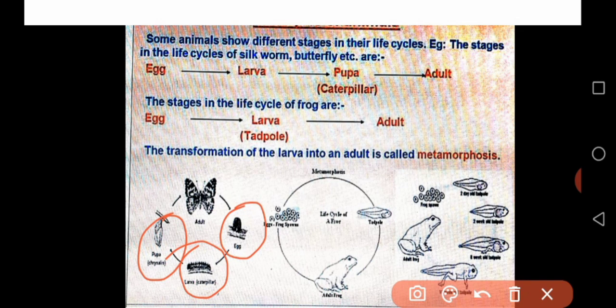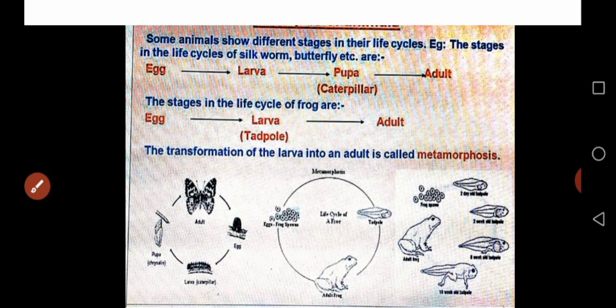After the formation of the pupa, some more maturation takes place in the pupa stage. Finally it reaches the final stage, the adult stage, the complete butterfly. So this is the very simple cycle of the butterfly.